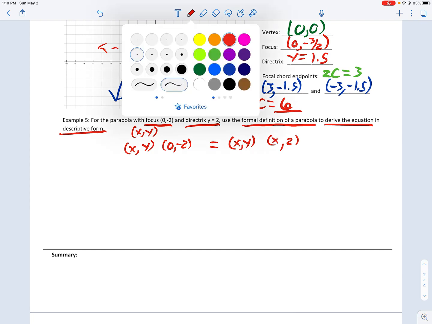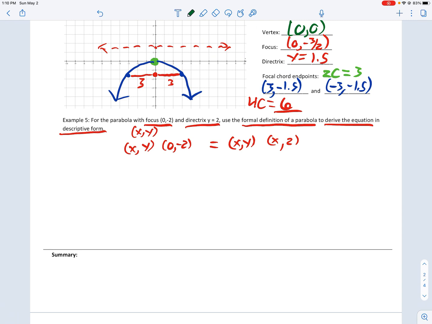So for example, this point here on the graph to the focus is the same distance from there to the point on the directrix. I want to show those 2 distances are equal. That's what I'm trying to show. And by doing that, I'm going to end up deriving my equation of my parabola.